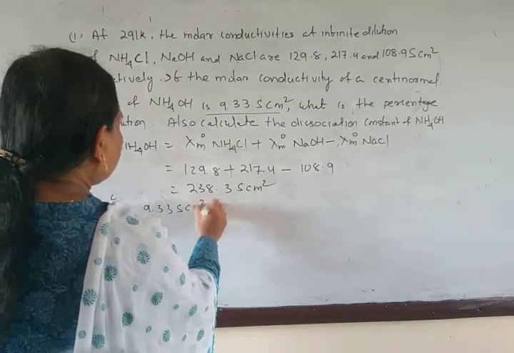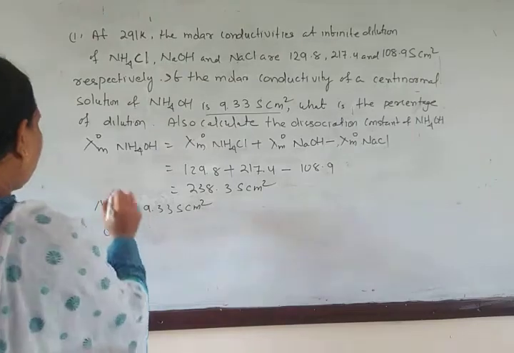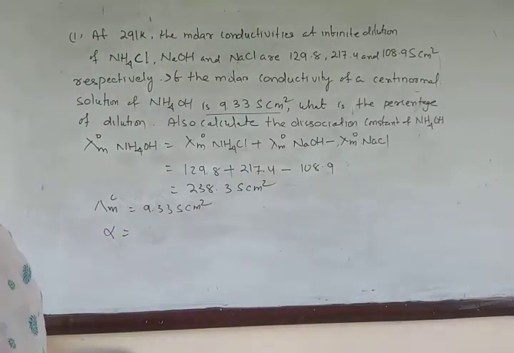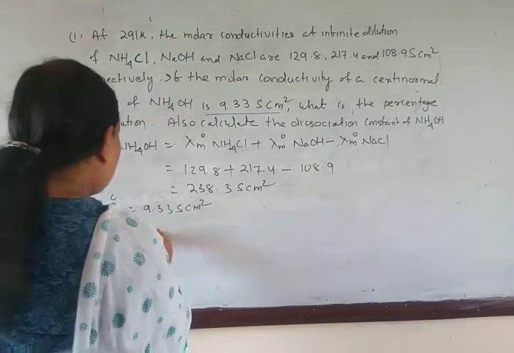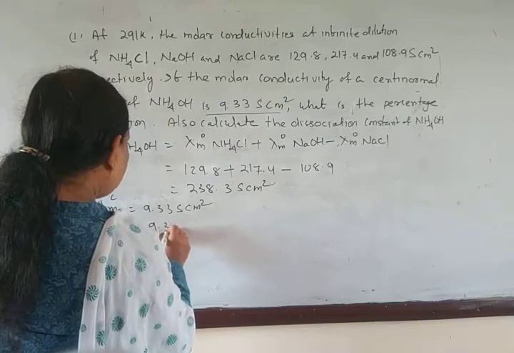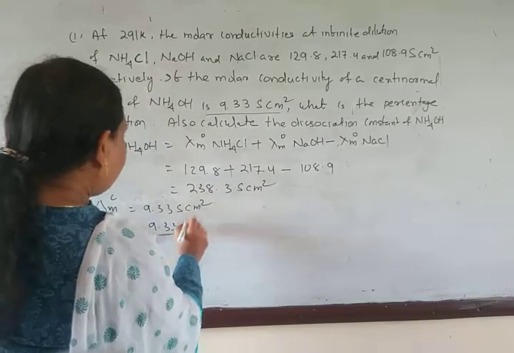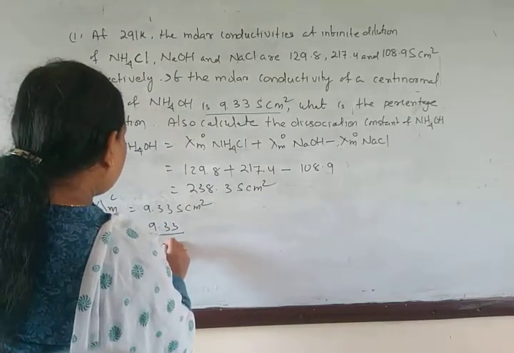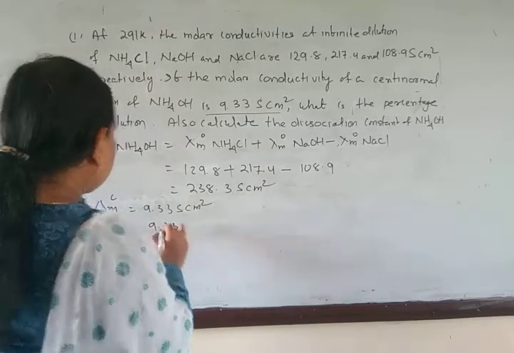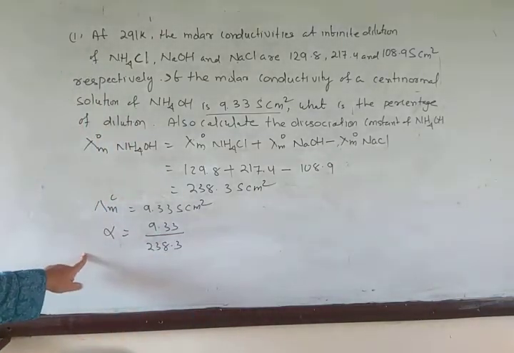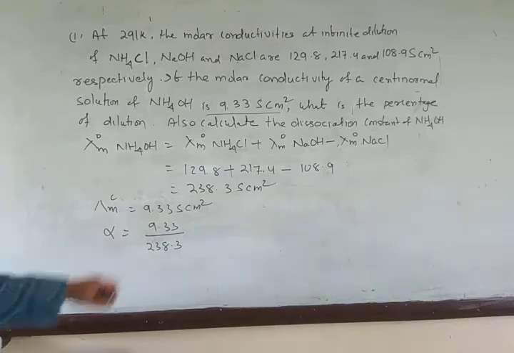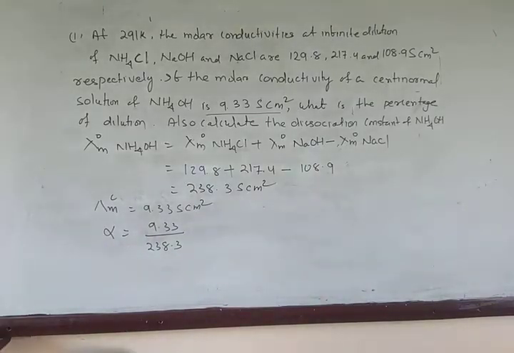Next, lambda m at any concentration, for the centinormal solution, is given as 9.33 S cm square. Then what is the value of alpha? Alpha is lambda mc by lambda m naught, that is equal to 9.33 by 238.3.